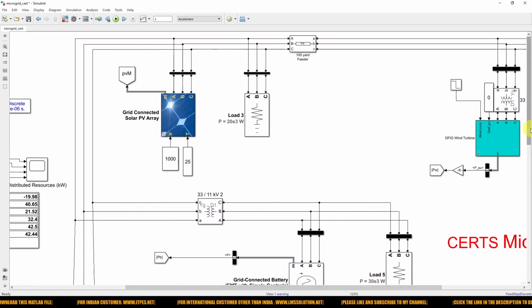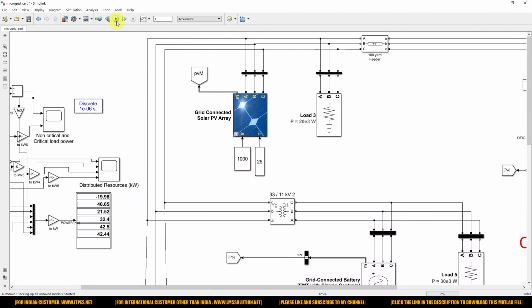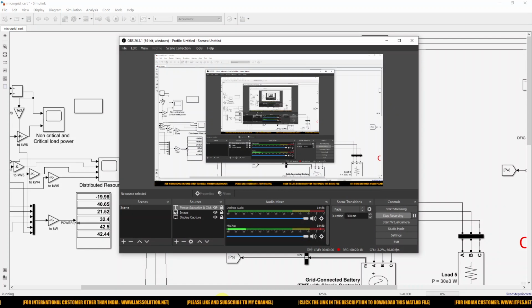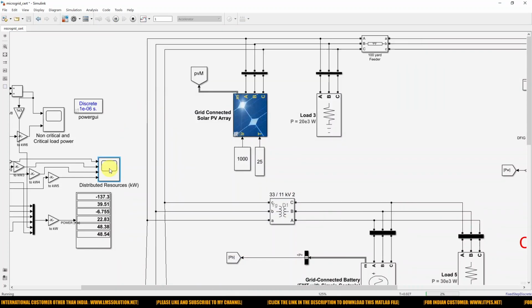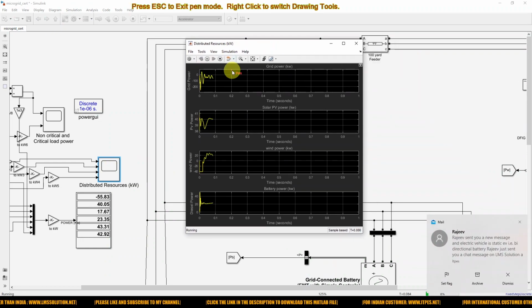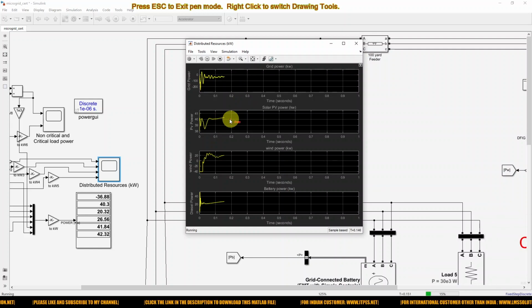Now I'm going to simulate this model. Finally we can see the result of the model. Here you can see the variation of grid power and solar PV power. The solar PV power is maintained around 40, nearly 38 kilowatt.